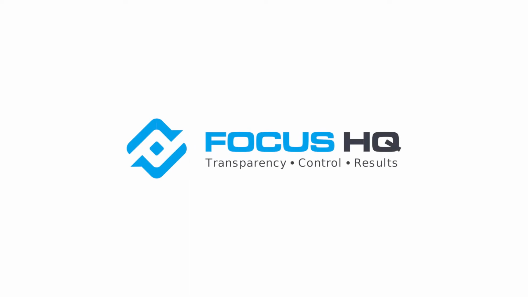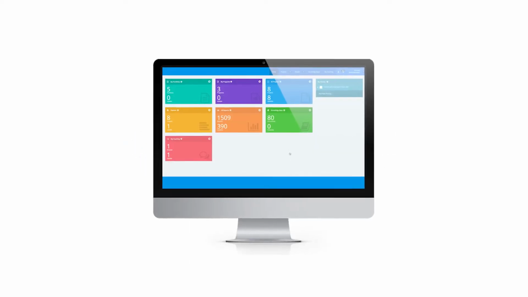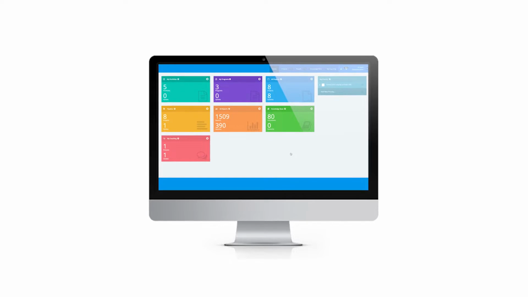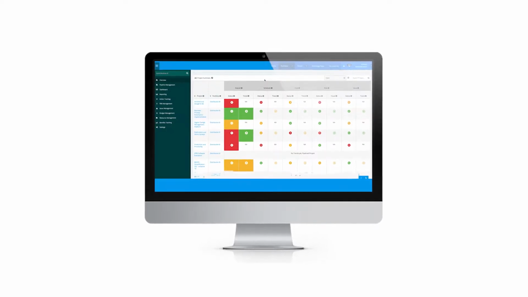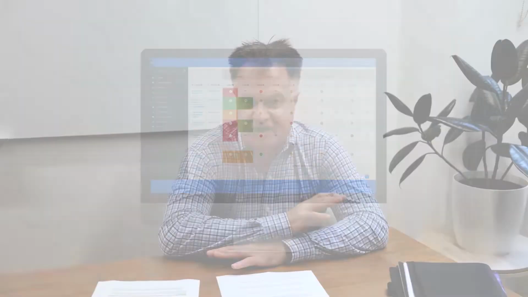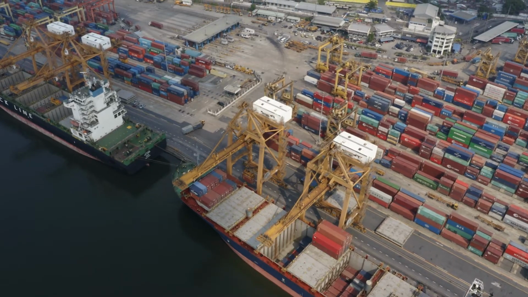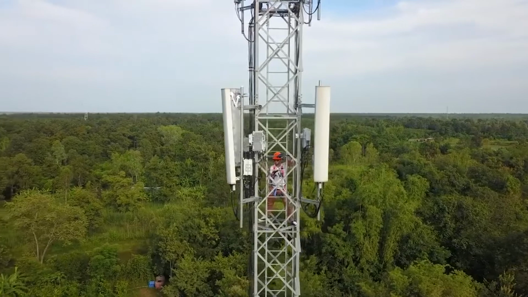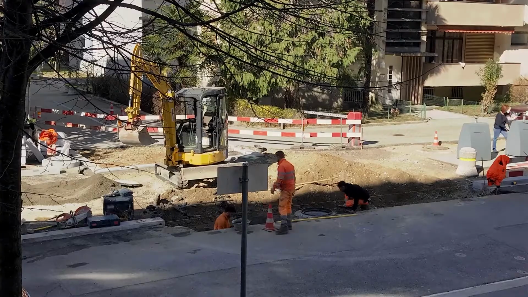We came across the tool called Focus HQ. We subsequently did our analysis of that tool and we found that it fitted very seamlessly into the very niche area that we were looking at as to how to manage a very broad range and suite of cost out initiatives that we needed to deliver at particular times.